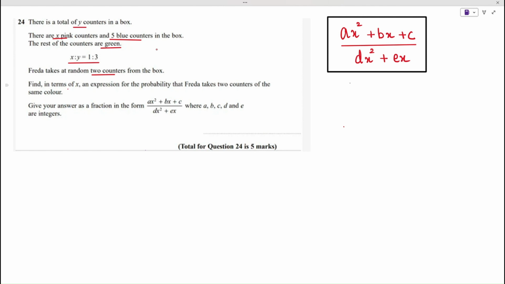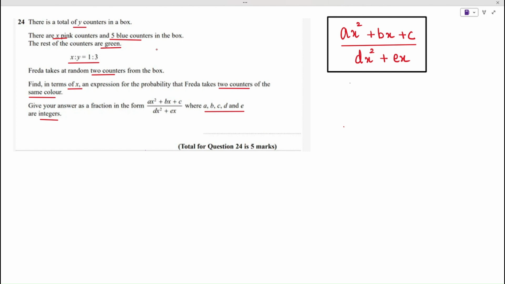Find, in terms of X, an expression for the probability that Frida takes 2 counters of the same color. Give your answer as a fraction in the form ax squared plus bx plus c all over dx squared plus ex, where a, b, c, d, and e are integers.